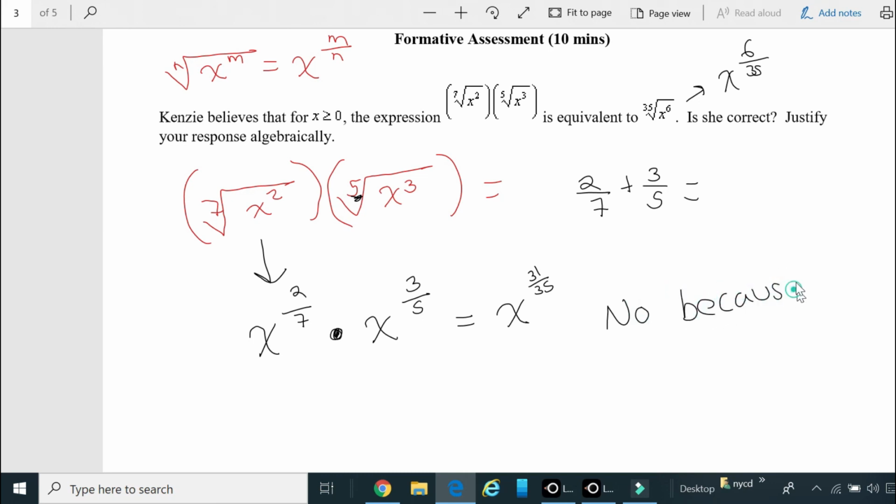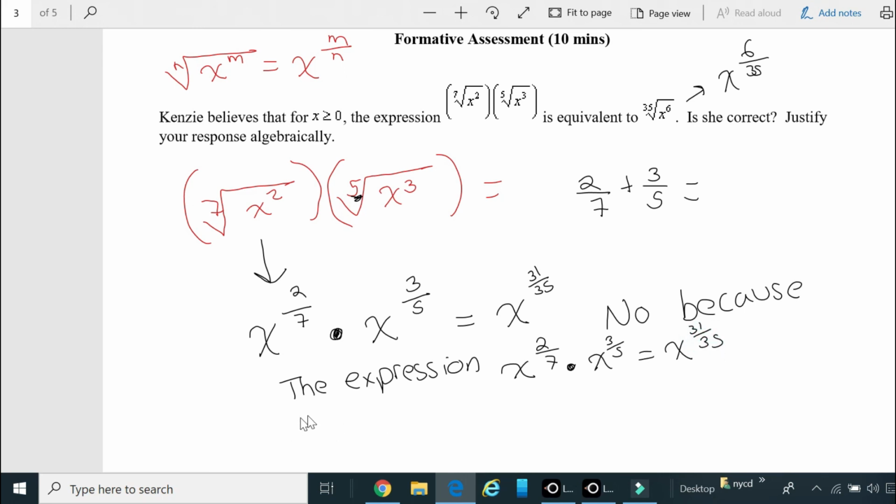because the expression x to the 2/7 times x to the 3/5 is equal to x to the 31/35.